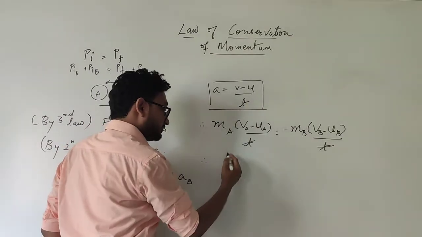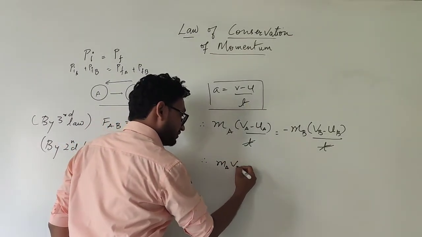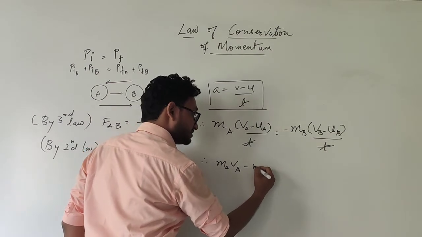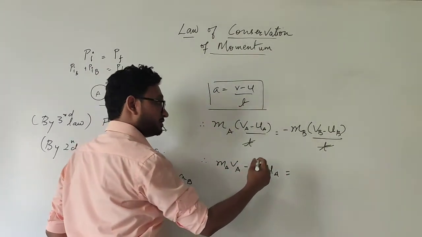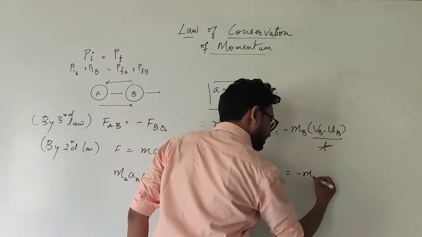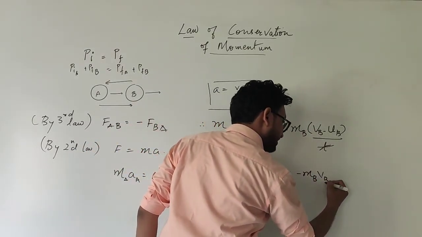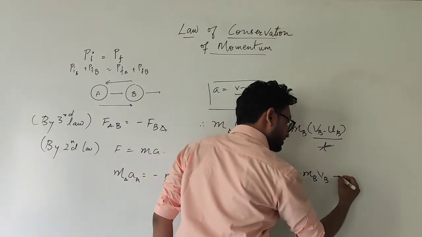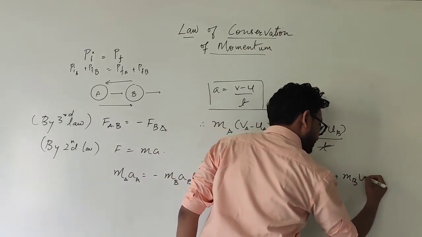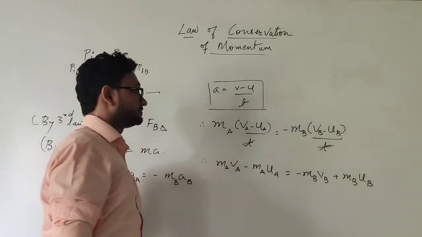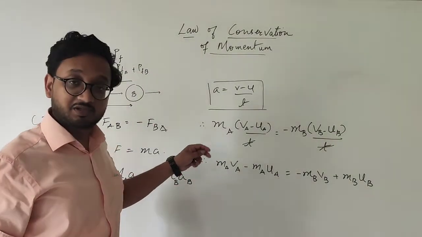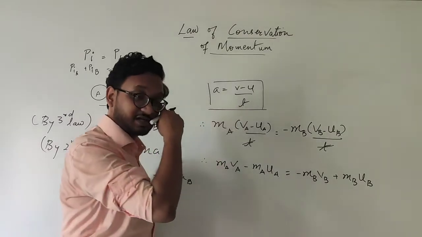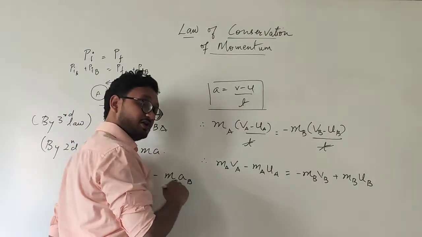So m_A v_A minus m_A u_A is equal to minus m_B v_B plus m_B u_B. I hope it is clear to you, students. Simple mathematical multiplication. Just open the brackets and multiply mass by both final and initial velocities.